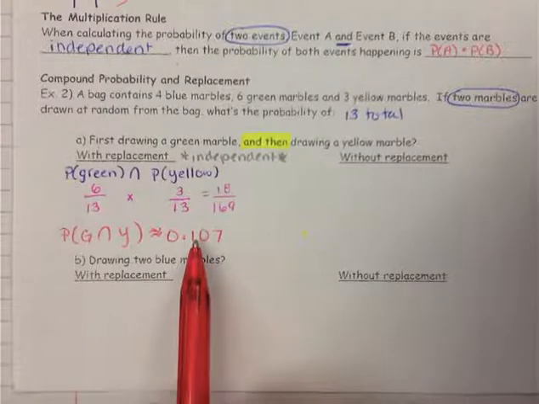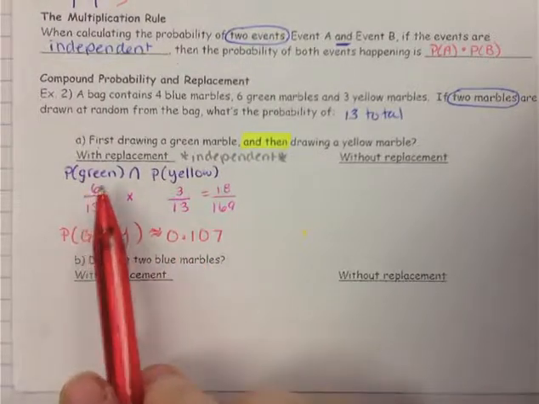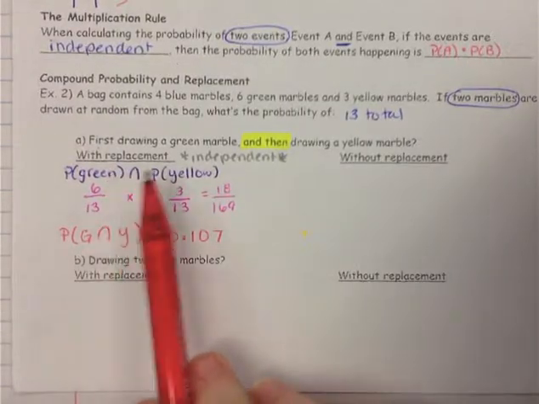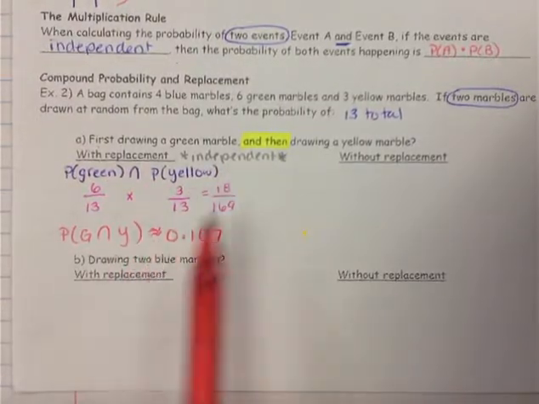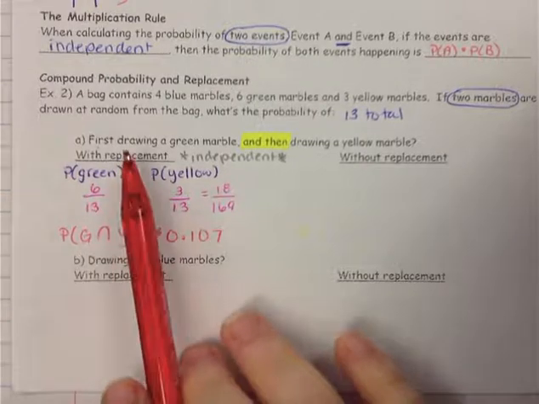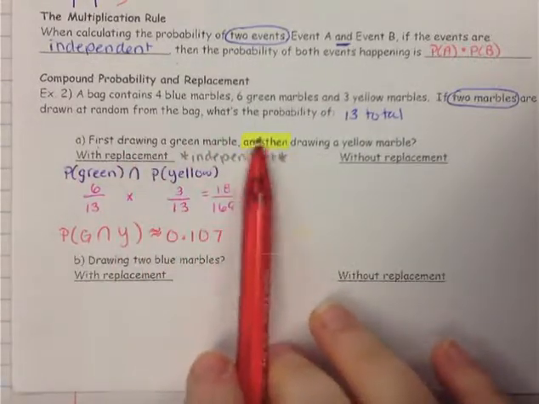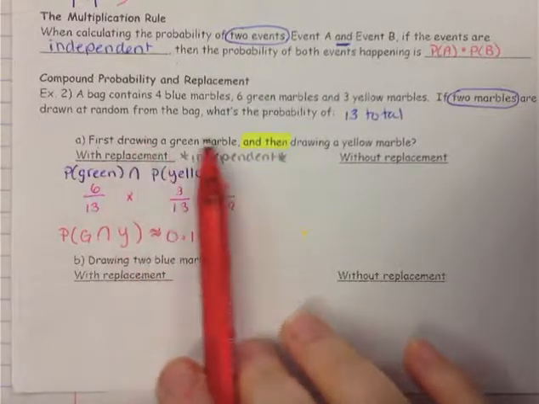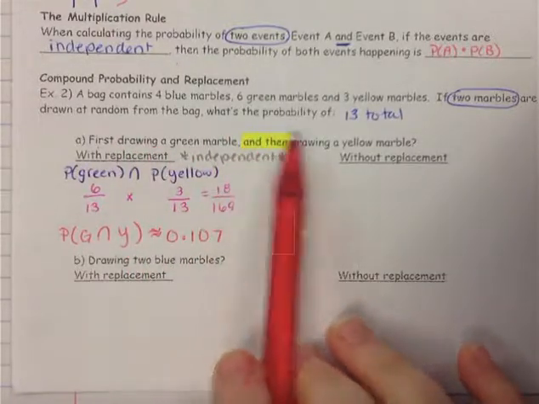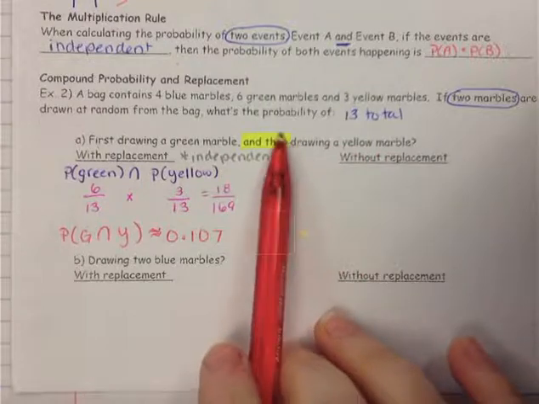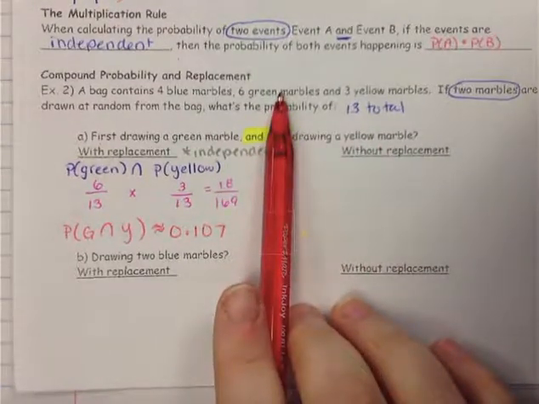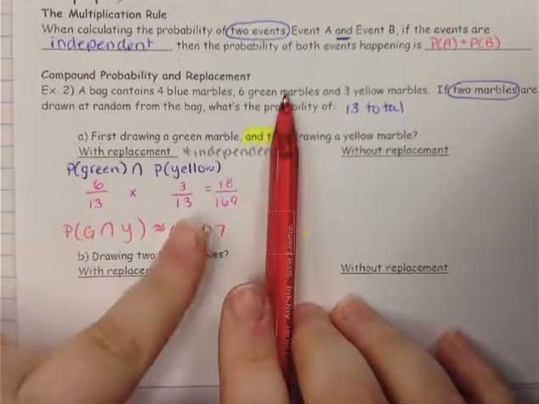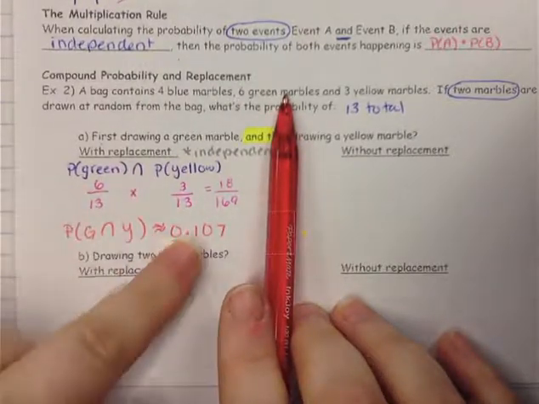We have a small chance of getting a green one first and then getting a yellow one because we wanted to go in very specific order. If I had just said, as we talked about earlier, if it did not have this very specific wording and it just said drawing a green marble and drawing a yellow marble, not the "then", I could take my green and yellow, but then I can also do yellow and green, so I could have this one twice.